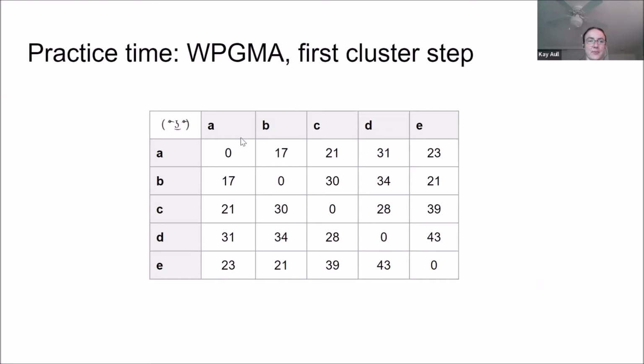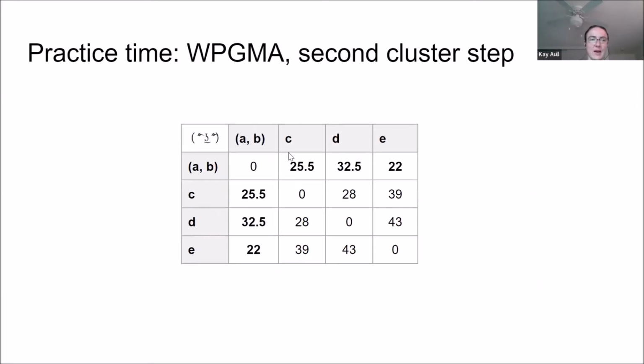All right, first step, find the smallest number, the difference between A and B. And we're going to merge A and B into a single cluster.